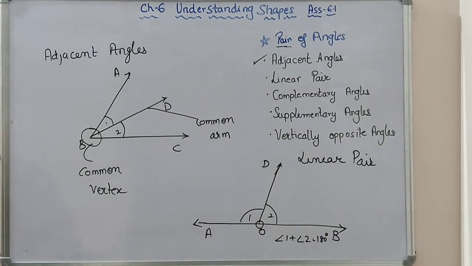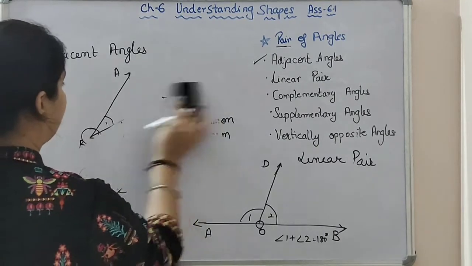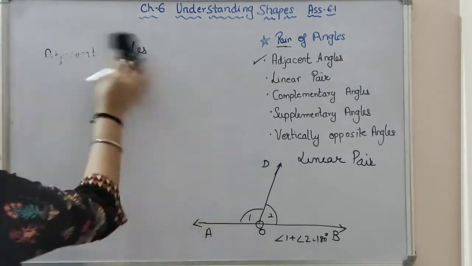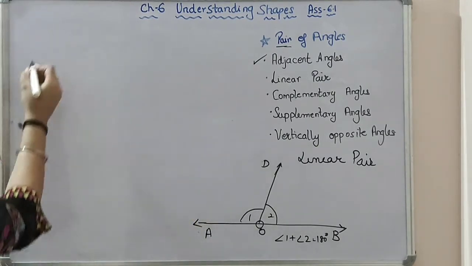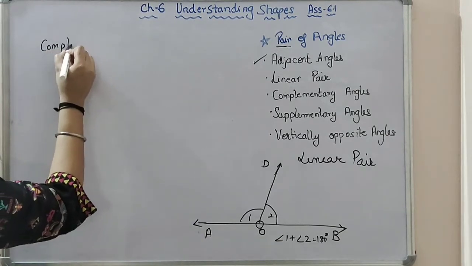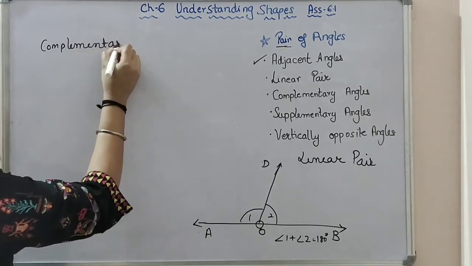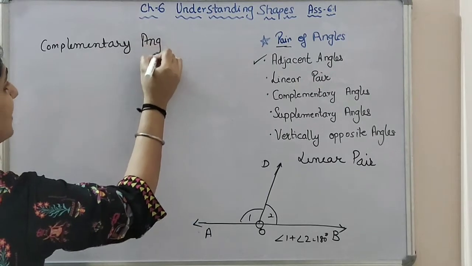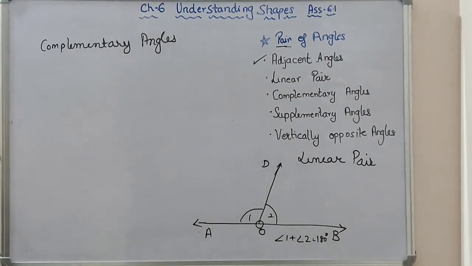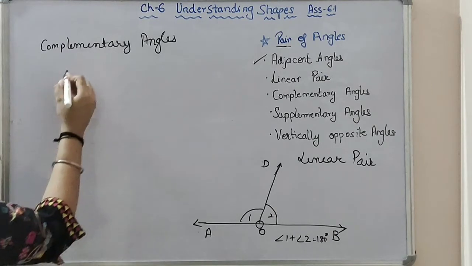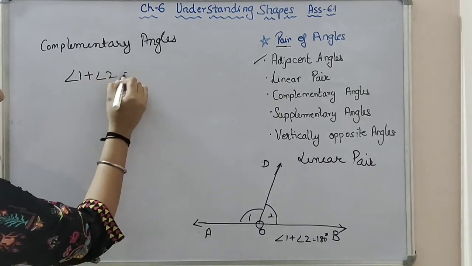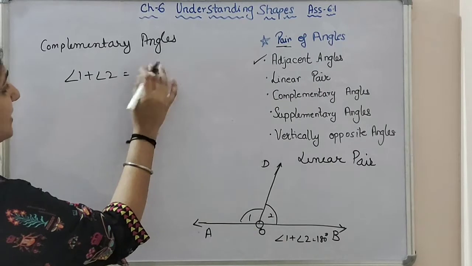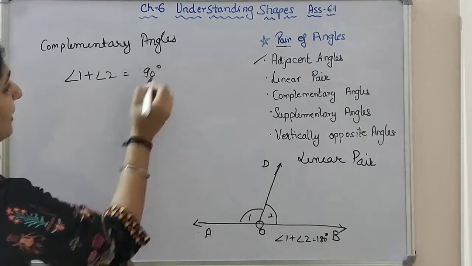Okay. Now the next type of angle is complementary angles. Complementary angles are those angles when the sum of two angles is equal to 90 degrees. So angle 1 plus angle 2 is equal to 90 degrees, then they are called complementary angles.